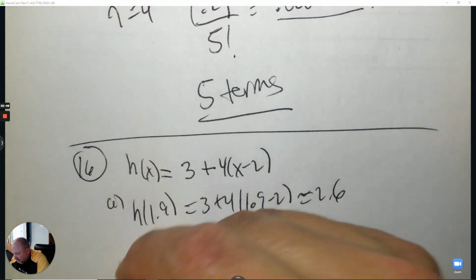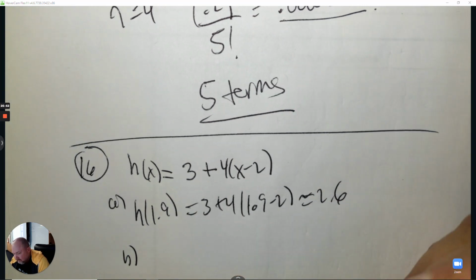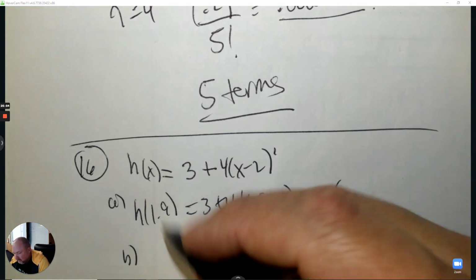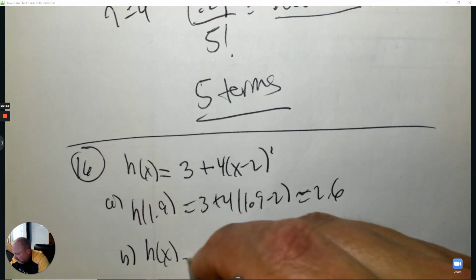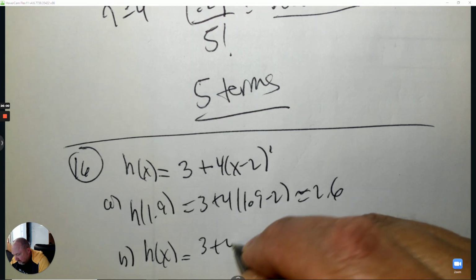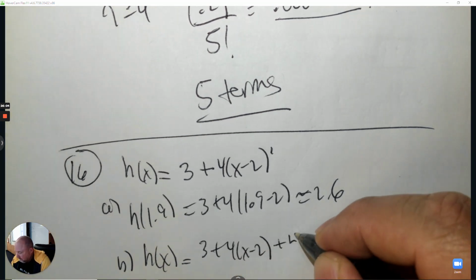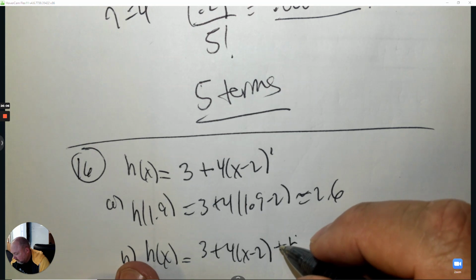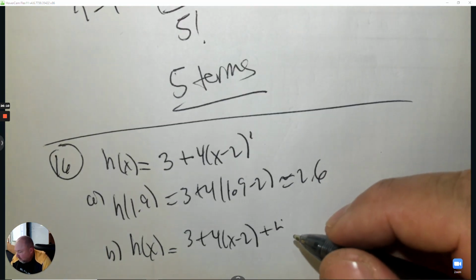For part B, write the third degree. So this is first degree. Write the third degree. Let's start the same way. No, what's the next?